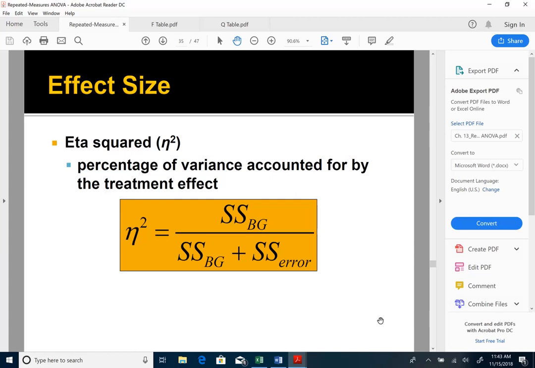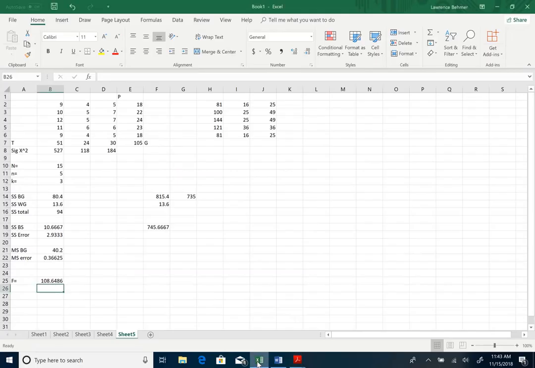So to compute the eta squared for a repeated measures, we're going to take the sum of squares between groups and then divide that by sum of squares between groups plus sum of squares error. So let's go ahead and do that right now. We'll just call this effect size.